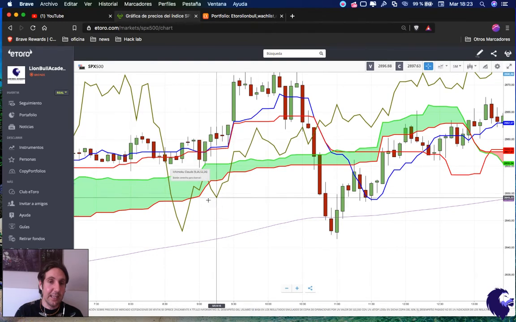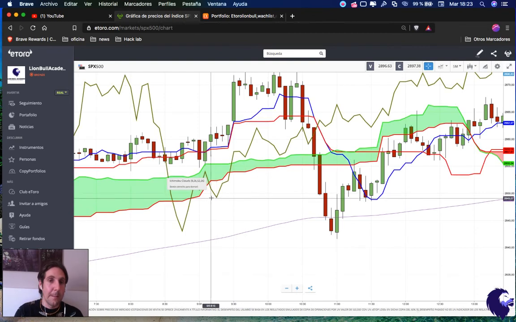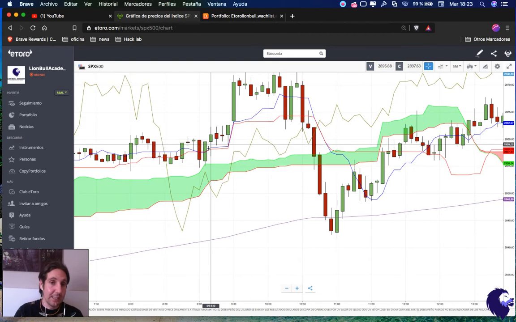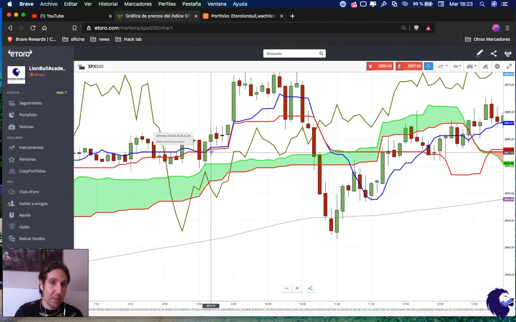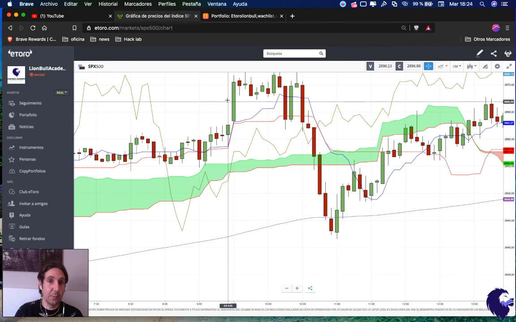You can see here this green line is showing us that the market is not in a trend at all. Here we have another entry. We were able to enter in this one. The stop loss is very small, so it will be perfect. When this candle closes, we enter in the next candle. Stop loss here, very short, and then the take profit will be here, and it will be a perfect entry.